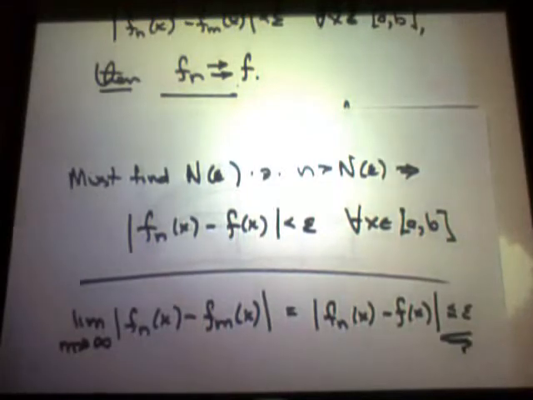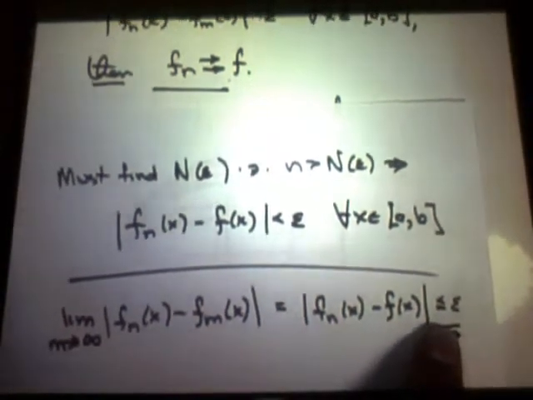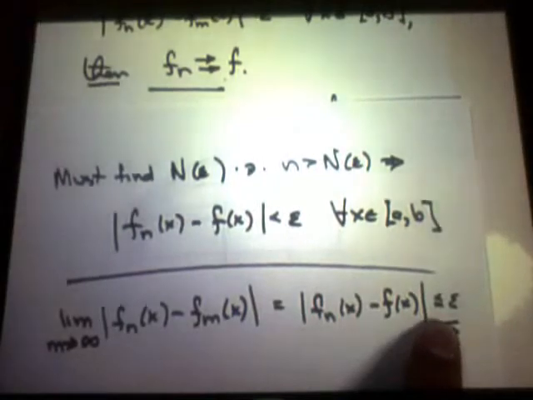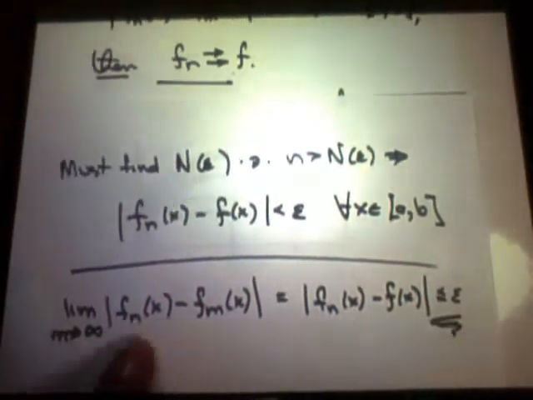The supremum could be 2, couldn't it? Even though all the numbers are strictly less than 2, the supremum could be 2. So if you're taking a supremum, we have to allow for equality.